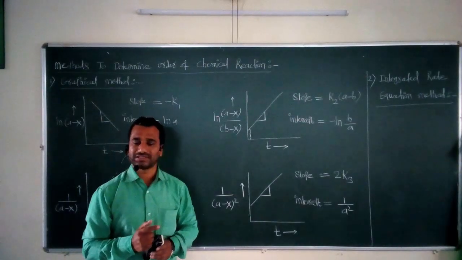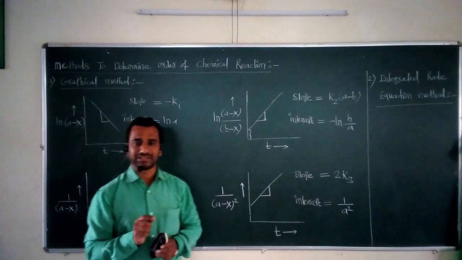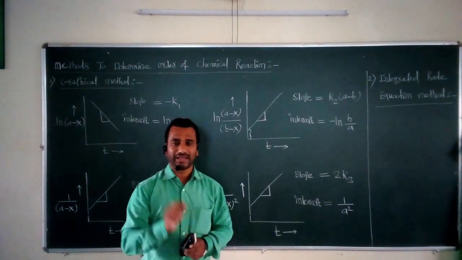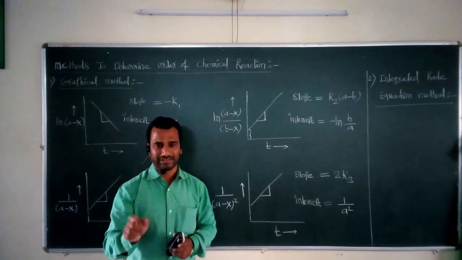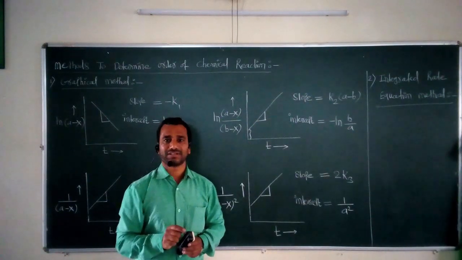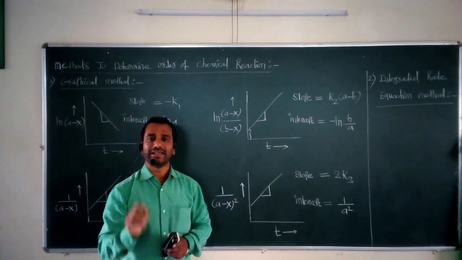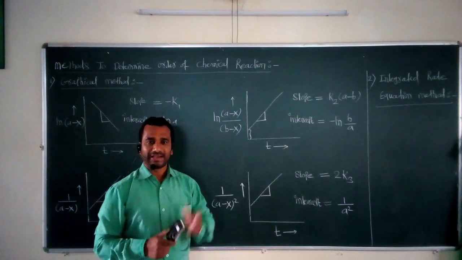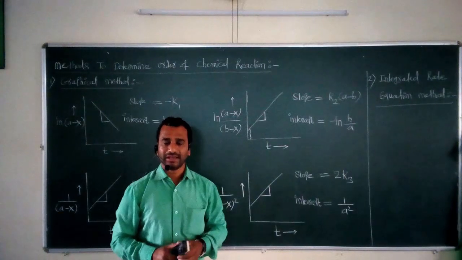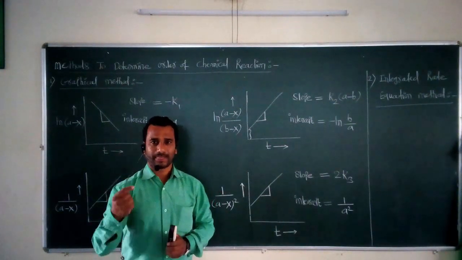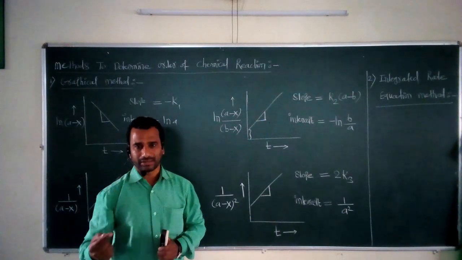For this chemical reaction, we have to consider the concentration of reactant as well as concentration of product at different time intervals experimentally. After considering these different concentrations of either reactant or product at a particular time, you will get different readings of concentration at different time intervals.